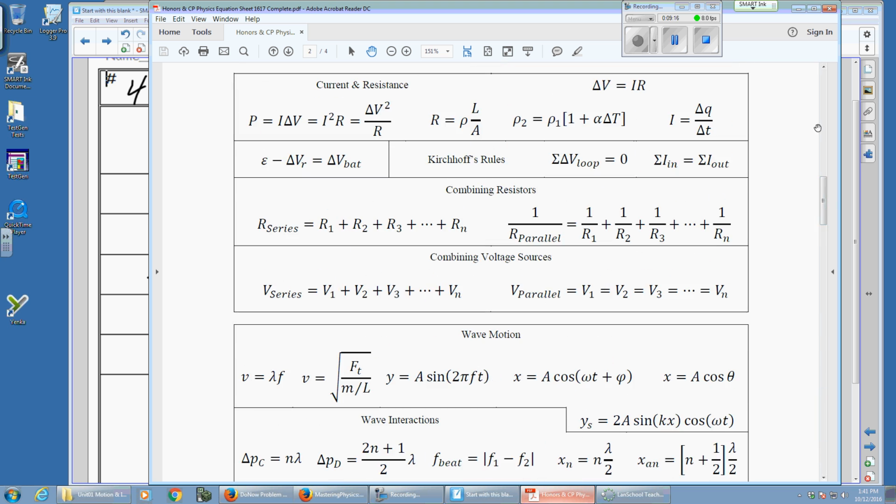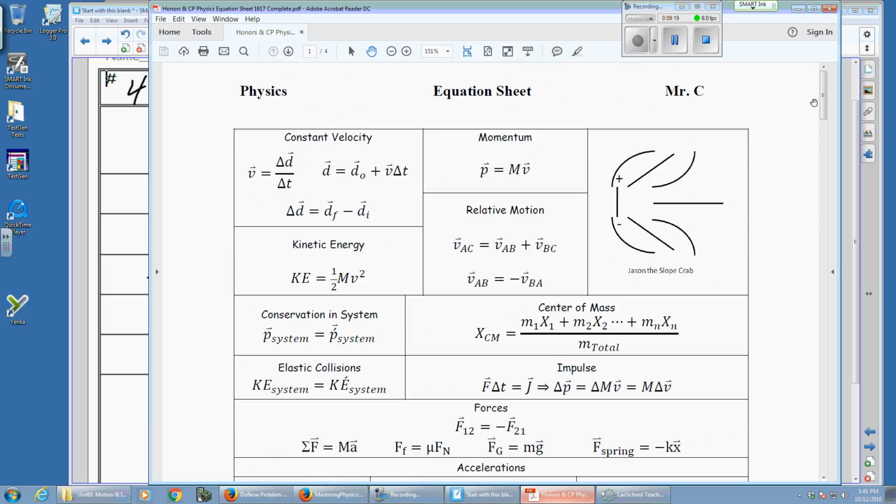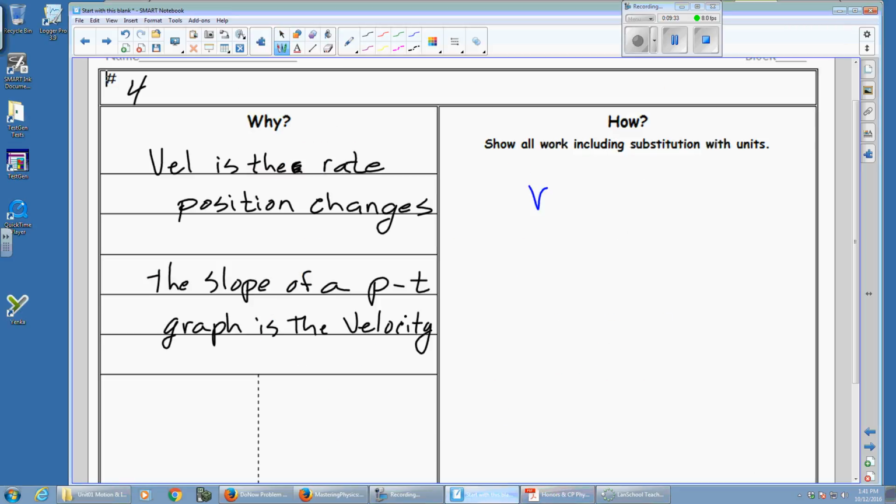But we could use the physics equation instead, and we'd use that velocity is delta D over delta T. That would be our equation for the how. So which in terms of slope is rise over run. Right? Because D is on the y-axis and X is time.